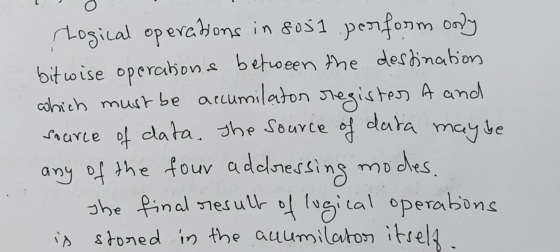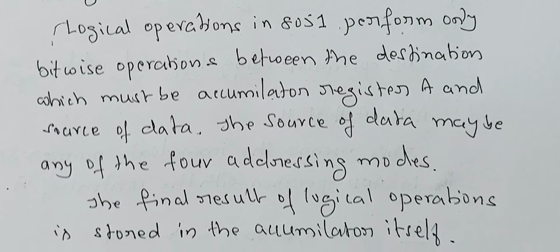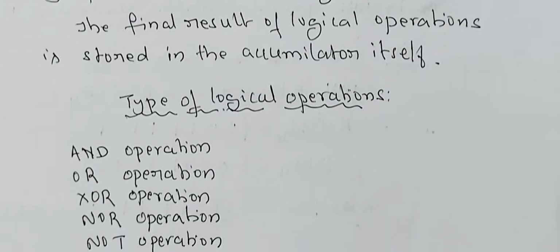The RAM addresses from 30 to 7F are used as direct RAM addresses. Indirect addressing. So all four types of addressing modes are used only in the source, not in the destination. The destination must always be register A only, and the final result is always stored in the destination only.